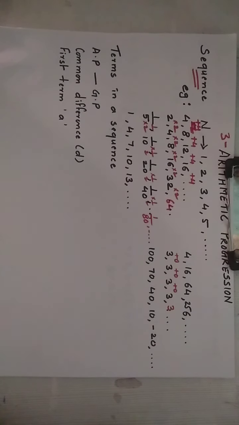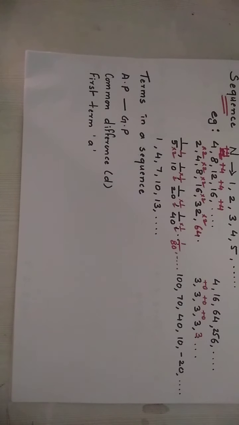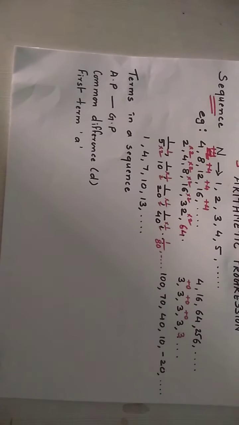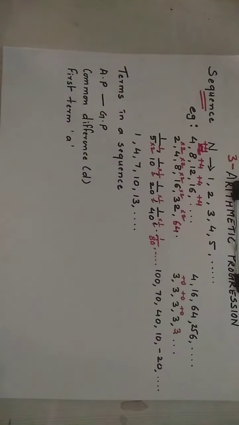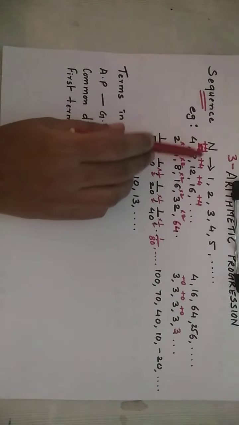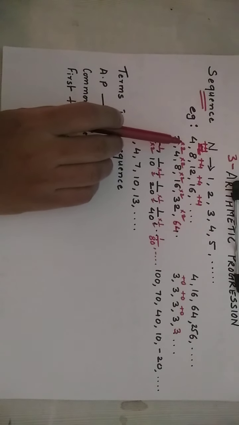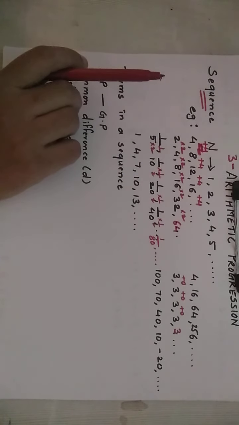Now after understanding sequence, let us try to find out the difference between the sequences written over here. If you'll observe the first sequence, that is 4, 8, 12 and 16, every time you add 4, you get the next number. If you observe the second sequence, every time you multiply by 2, you get the next number.